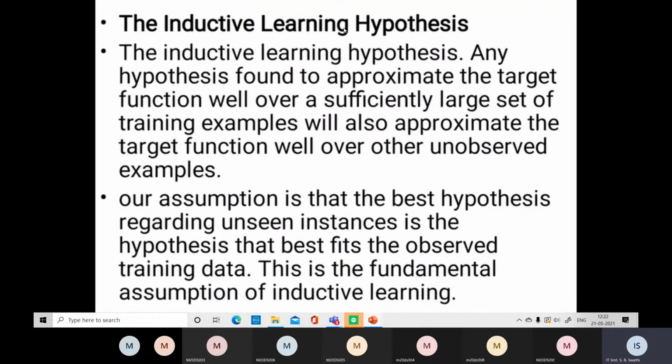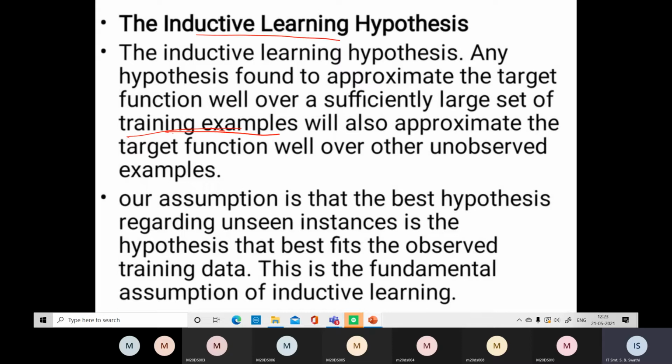Then the next type is the inductive learning hypothesis. This is one category of hypothesis. What this hypothesis says is that if you have built a target function using some training examples, just now whatever we have built is with the help of some database, some training data we have developed.